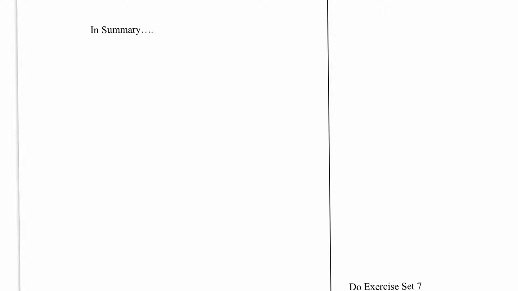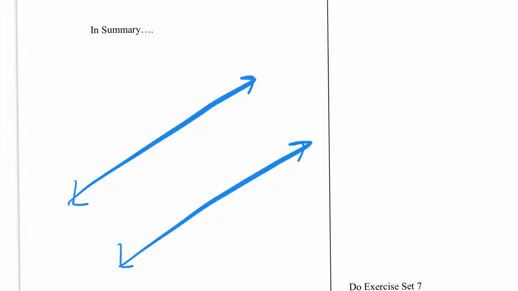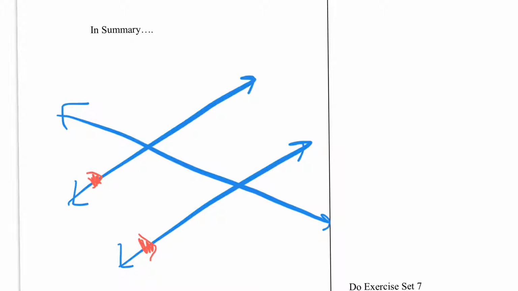In summary, when you have 2 lines that are parallel, those red arrows, since they both have 1, that means they're parallel. And you have a transversal. Transversal is a line that intersects them. You end up with 8 angles, 4 of which are the same.